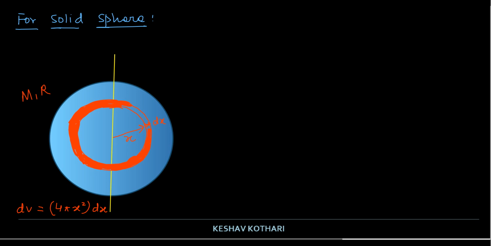Now what we are going to do is use rho. Rho is going to give us total mass m upon 4 by 3 pi r cube, equal to mass of this elemental sphere upon 4 pi x square dx.